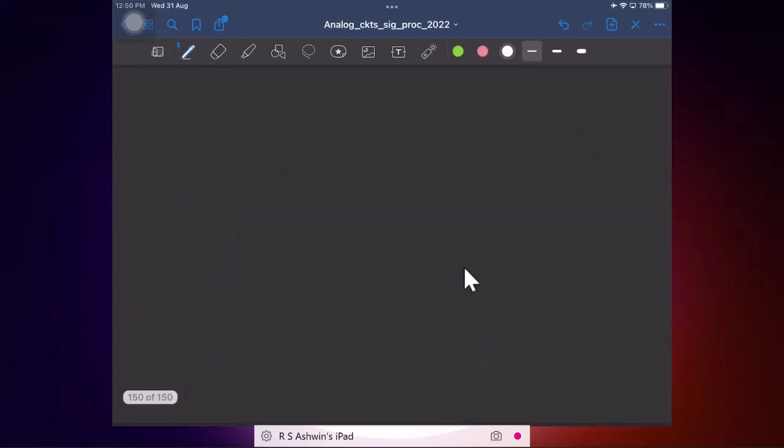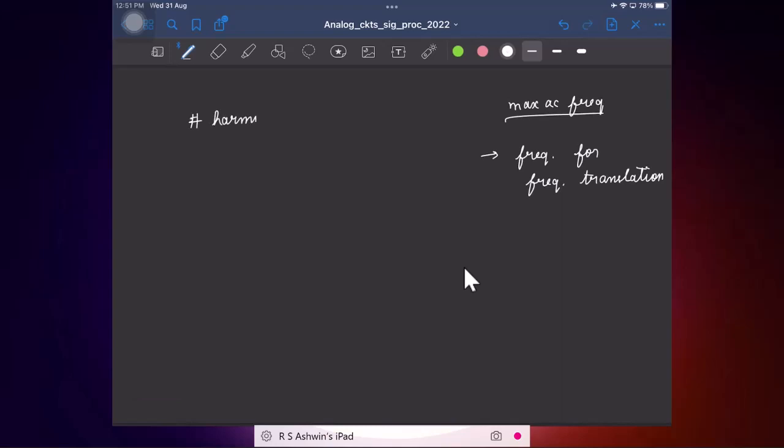So to quickly summarize, we have two parameters. One is max AC frequency. This sets the maximum frequency for frequency translation. And if you are only interested in the steady state waveforms, you can specify the number of harmonics, and this is to specify the maximum harmonic for spectrum calculation.